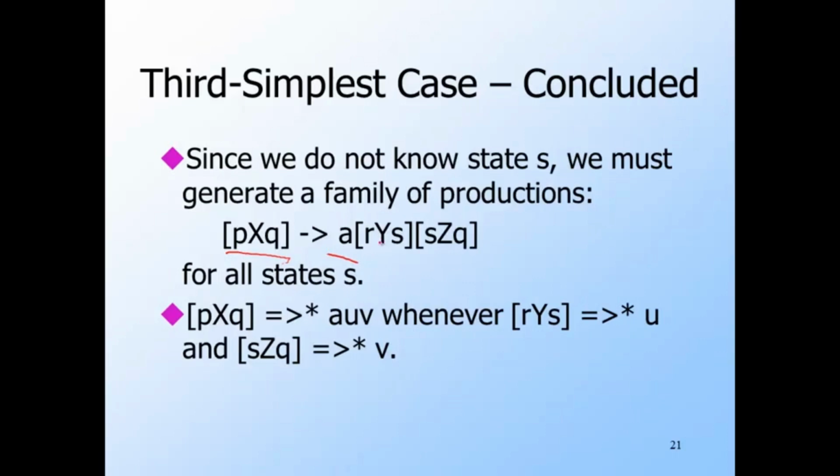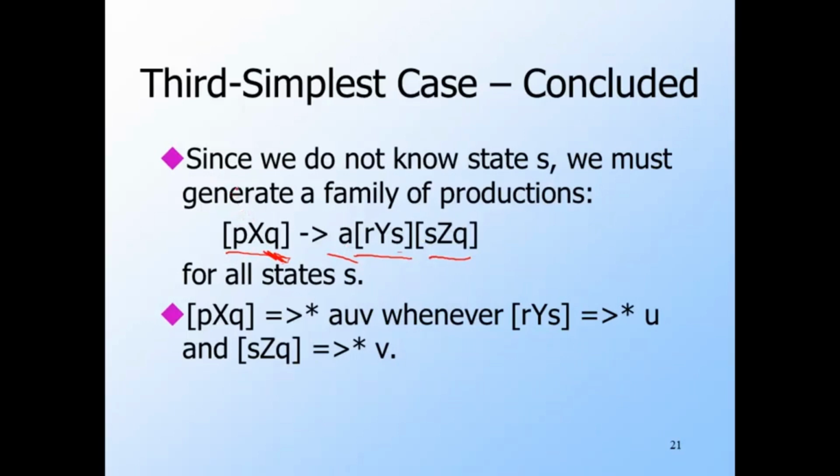And then RYS to effectively pop the Y, winding up in this state S that we really don't know. So that's why there's one production for each S. And then SZQ to effectively pop the Z. We finally wind up in state Q, which is the state that we wanted to wind up in, because that's the state that appears in the head.